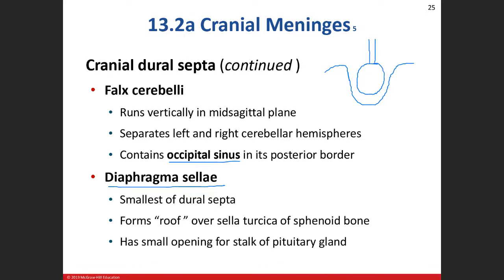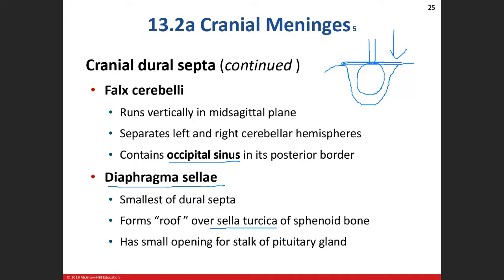Well, anyways, you have this dura mater that sits right on top. It's got a little hole in it so the infundibulum can leave. Well, that is the diaphragma cellae. That forms the roof, all right, to the sella turcica. Okay? And that little opening there is for the infundibulum.